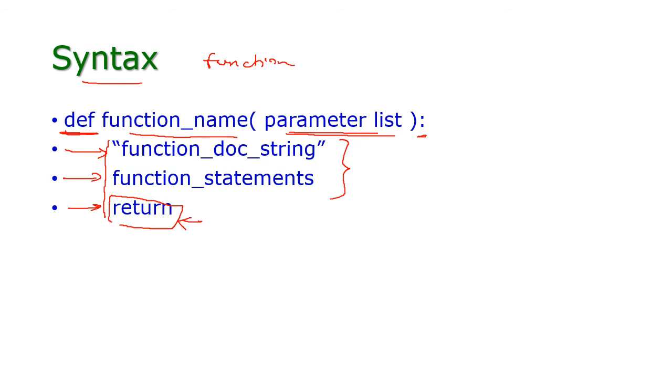Here we have the definition, function name, followed by parameter list, and ending with a colon. This colon represents that the following block of statements belongs to this function. The final keyword is return. Return is used to return some values to the main program, and if there is no return, the function will not return anything. So this is the syntax for a function.